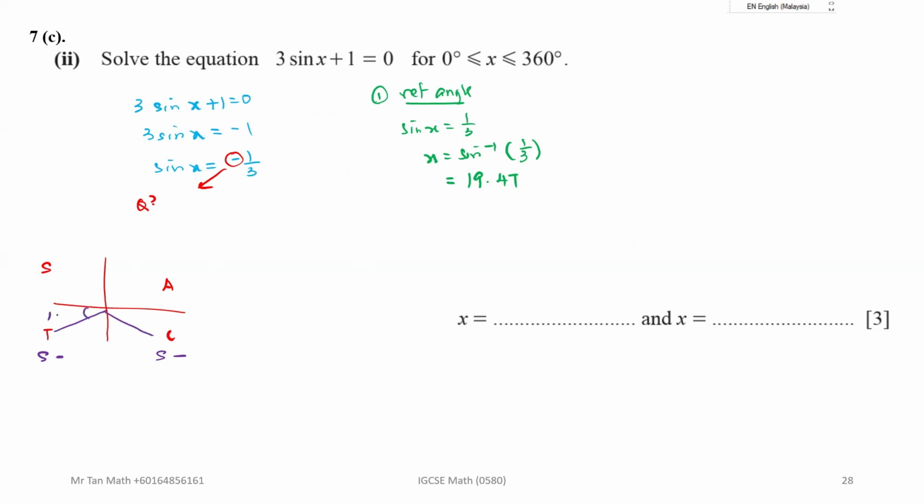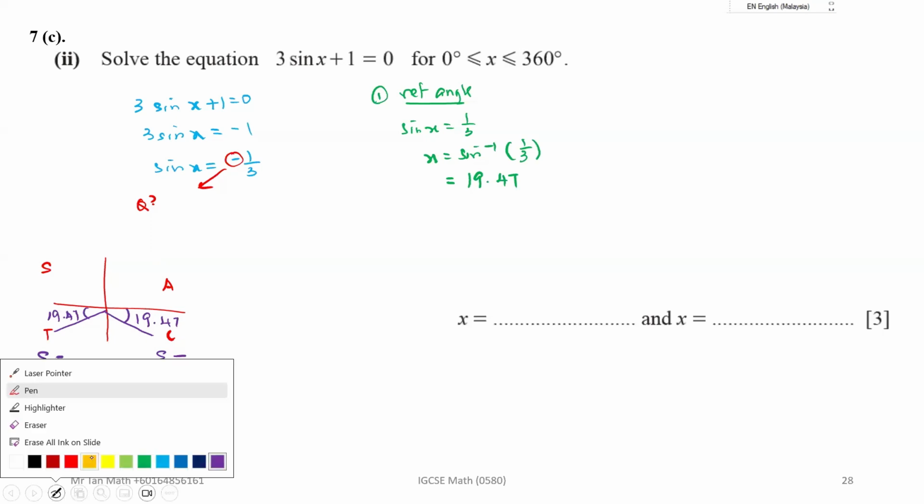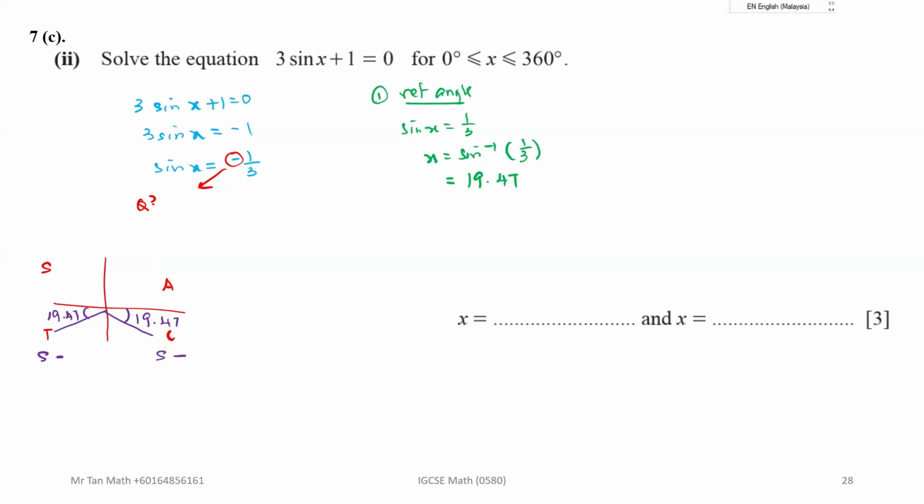This is 19.47. Therefore, your first x will be here. So x equal to 180 plus 19.47, that equals 199.47.